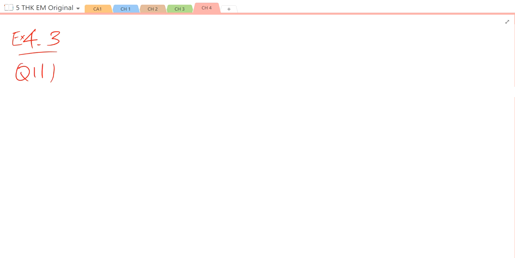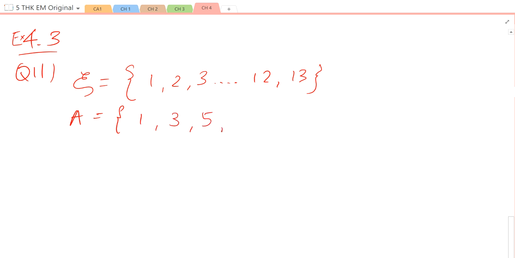Okay, here we have the universal set is an integer between 1 to 13. So we've got 1, 2, 3, all the way until 12 and 13. That's my universal set. A: x is a prime number. List the elements of A now. 1, 3, 5, 7, 9.